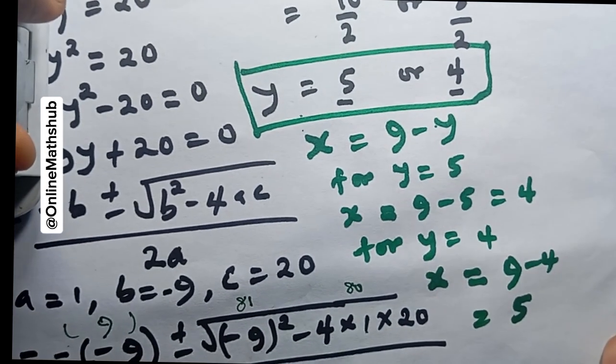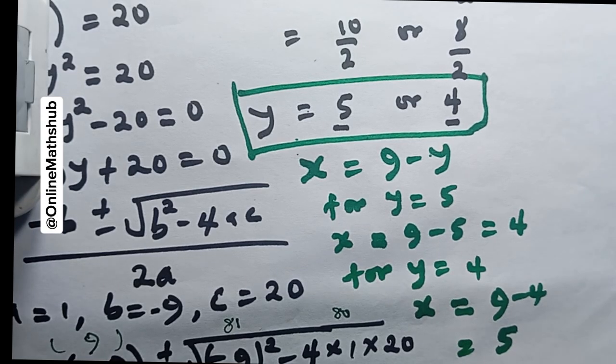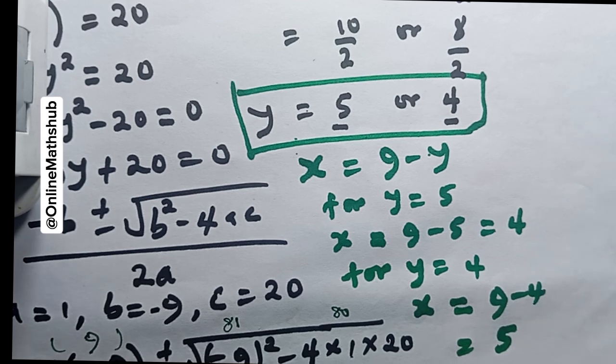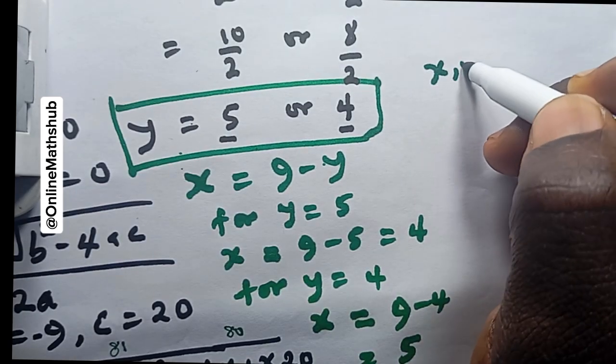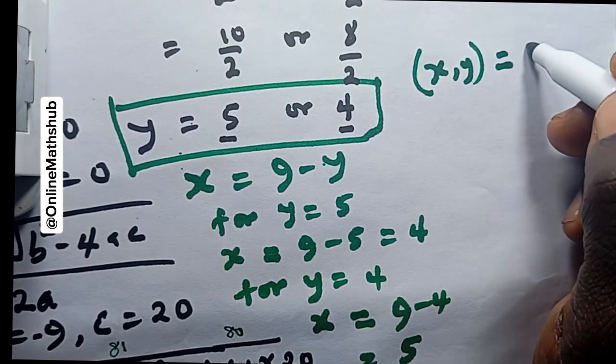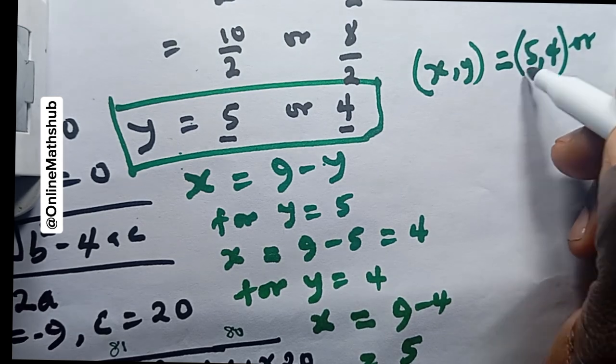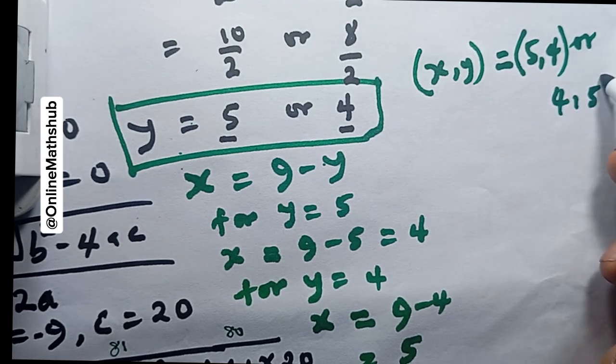Okay, so this is actually going to be the values of x and y. And so if we bring the solutions together, x comma y is now going to be equal to 5 comma 4 or 4 comma 5.